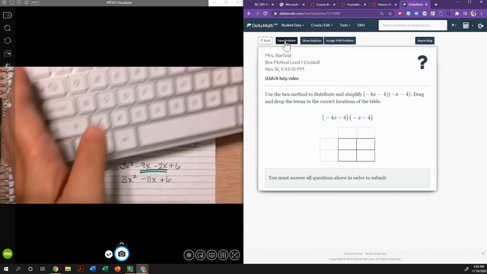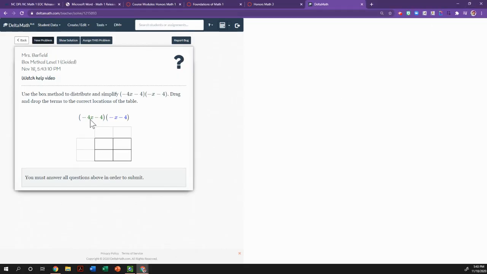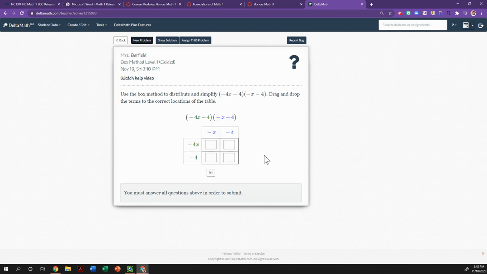Okay. So I'm going to do the same thing. I'm going to take negative 4x and I'm going to drag what's here in the first parentheses. I'm going to drag it here to the first column. Then I'm going to take the blue, and that's going to go in the top row. Now I'm going to multiply. So negative 4 times negative 1 is 4.